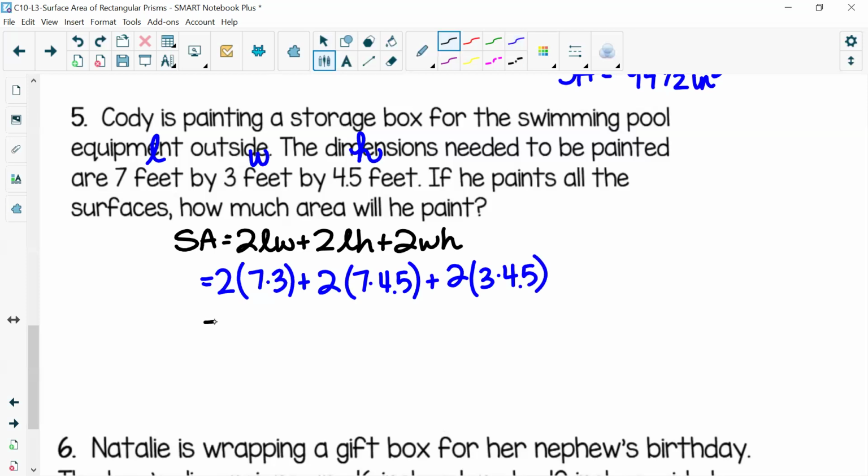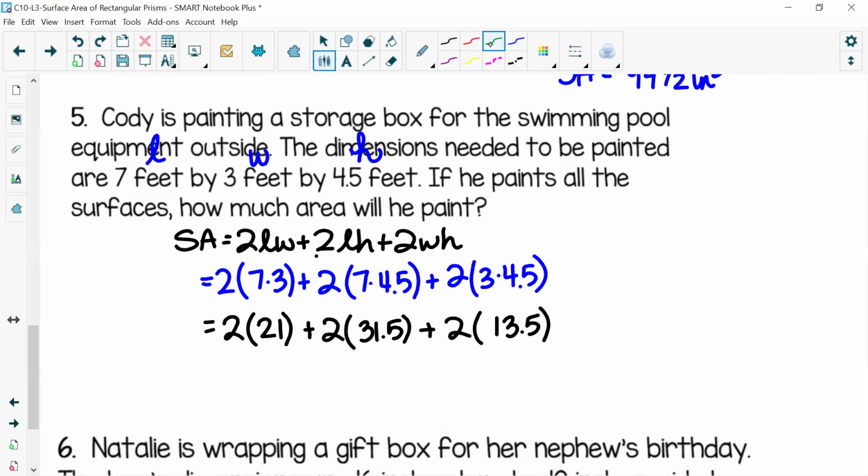Okay, so now I have 2 times 7 times 3, which is 21, plus 2 times, and then I'm going to go 4.5 times 7, which equals 31.5, plus 2 times 4.5 times 3, which is 13.5.